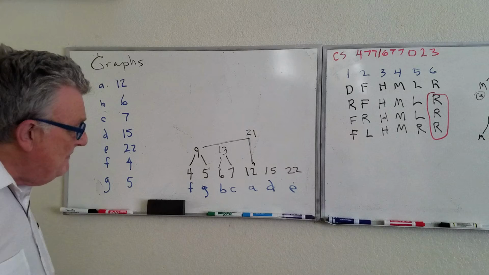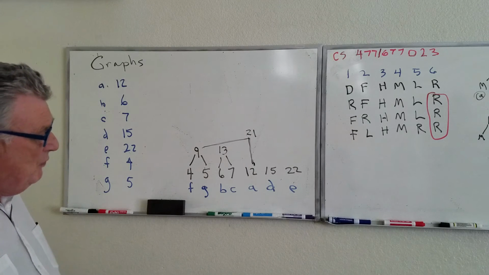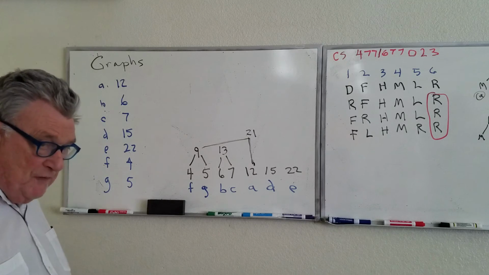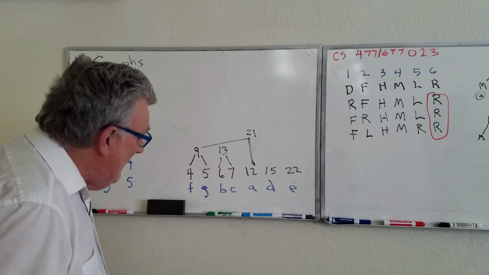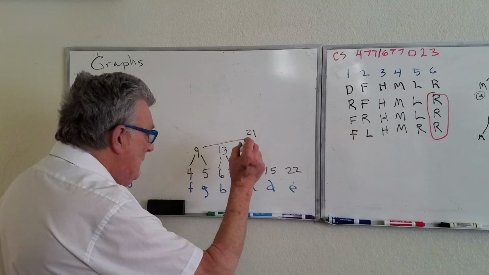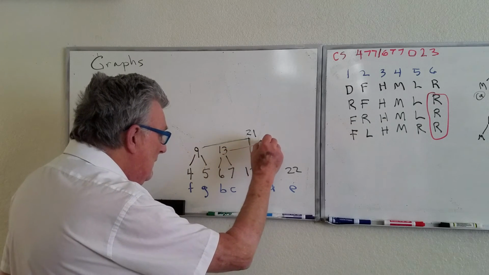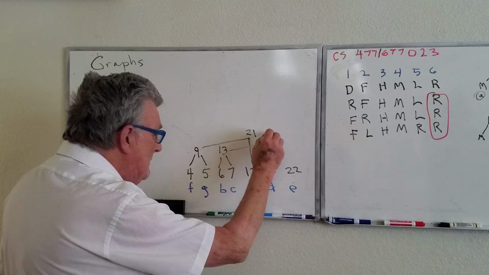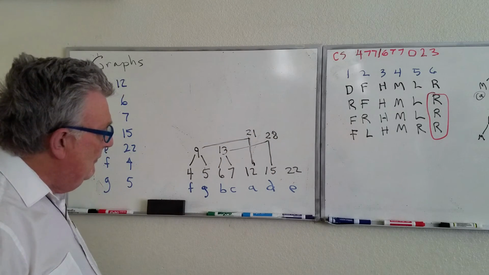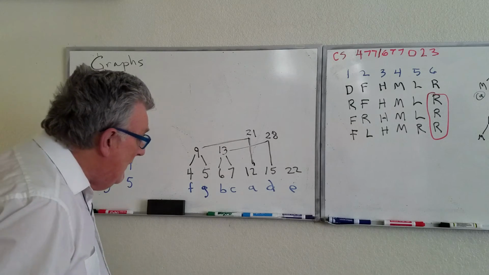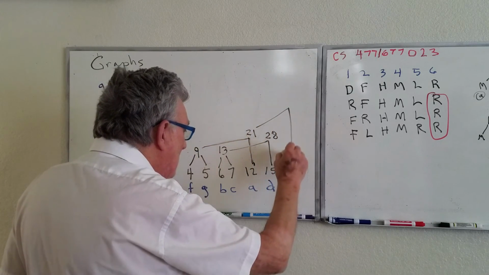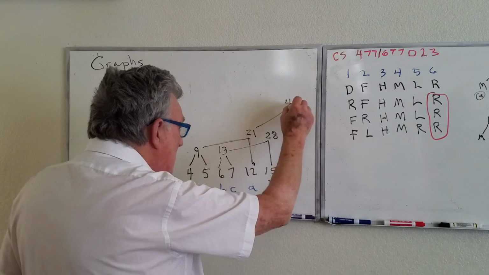All right, now at this step, we have 13, 21, 15, and 22 as the only nodes we can use. We take the bottom two, which are 13 and 15. And so what do we get here? This would be 28. All right, now we take the bottom two there, which are 21 and 22, and we get 43.